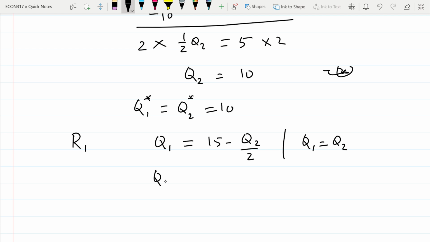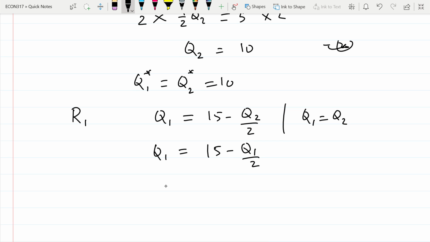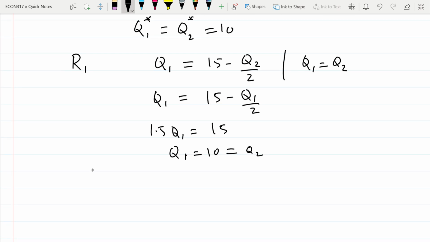Then I will get Q1 equals (15 minus Q1) over 2. I substitute Q1 instead of Q2. I get 1.5 Q1 equal to 15, Q1 equal to 10, but then that is equal to Q2. This is by the idea of symmetry.